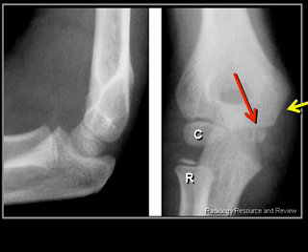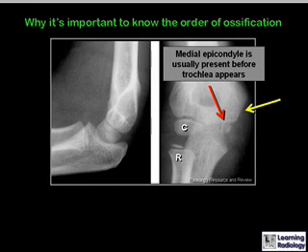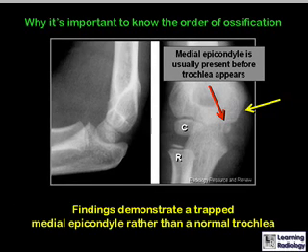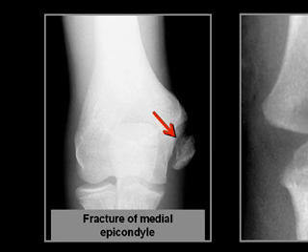Instead, what we see is what looks to be the fourth center to ossify, the trochlea, but the trochlea should not ossify before the medial epicondyle. And what this represents is the medial epicondyle has been pulled into the joint and is trapped within the joint. So this is an abnormal elbow. The only way that you would recognize that is by knowing the order of ossification of the centers around the elbow.